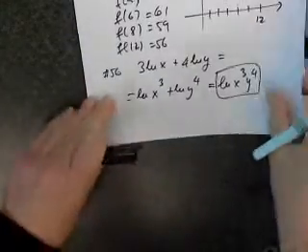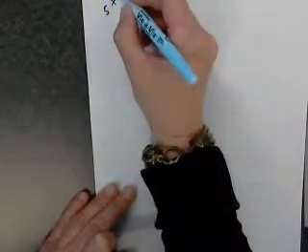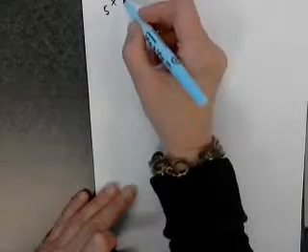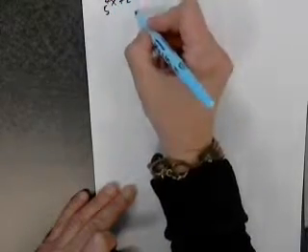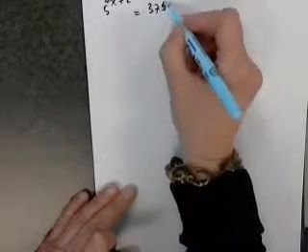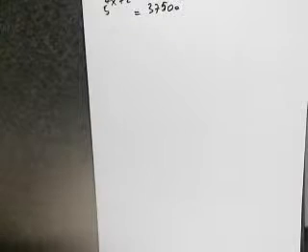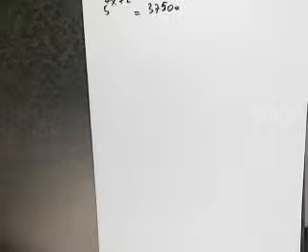5 raised to 4x plus 2, problem 71 on 511. 5 raised to 4x plus 2 equals 37500. Perfect. I don't know if 37500 is a power of 5, and I don't care.